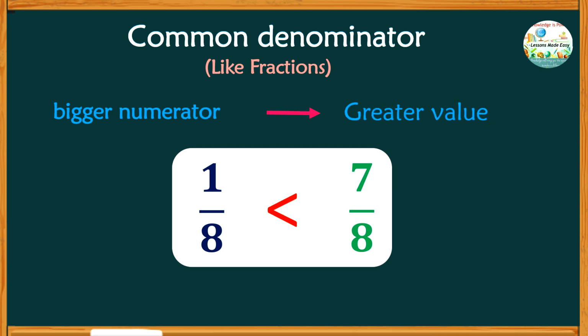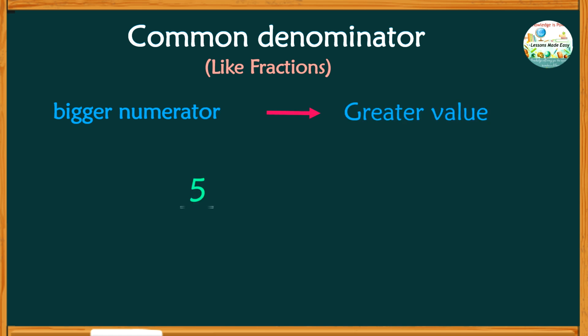Look at this example. 5 over 12 and 7 over 12. Both have a common denominator of 12, but 7 is more than 5. Therefore, 7 over 12 is greater than 5 over 12.